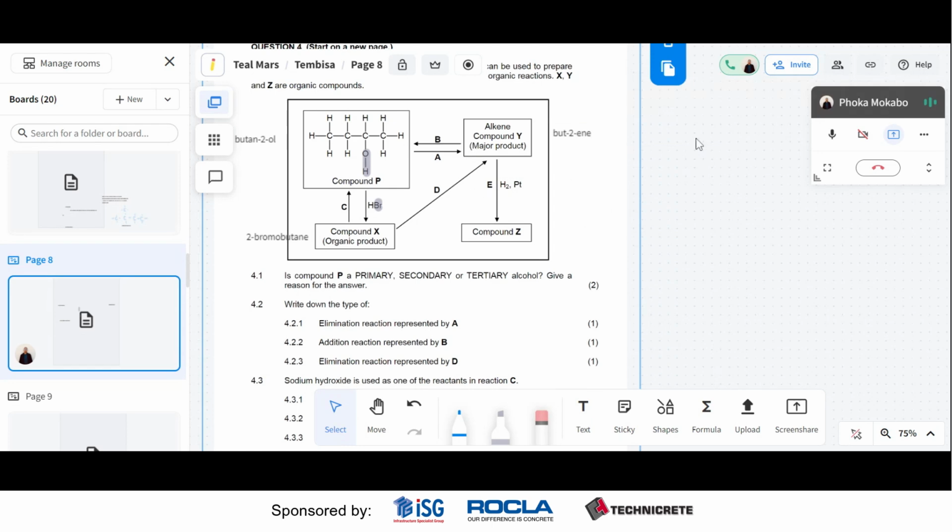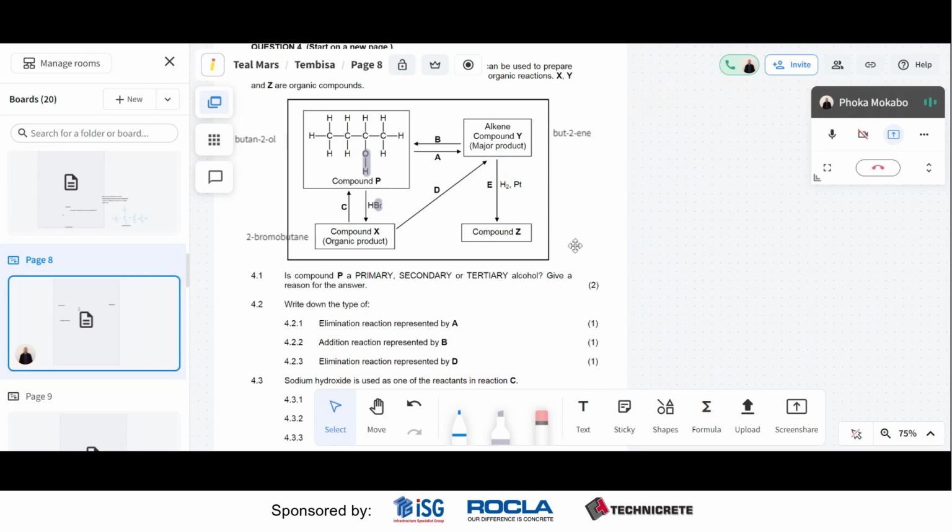Let's see. Butene would then react with hydrogen and platinum and would then form, oh, dehydrogenate. No, we're adding. My bad.